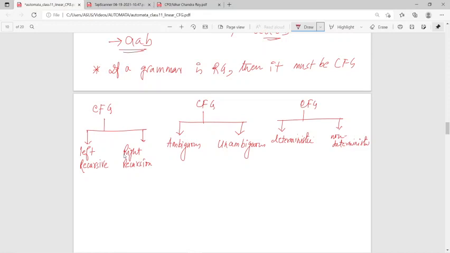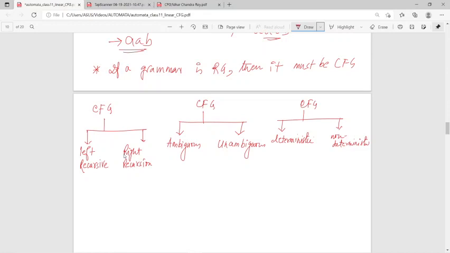And of course you should remember that non-deterministic PDA and deterministic PDA do not have the same power, unlike what we see in finite automata, where non-deterministic finite automata and deterministic finite automata both accept the same set of languages, and this set of languages is called regular languages.